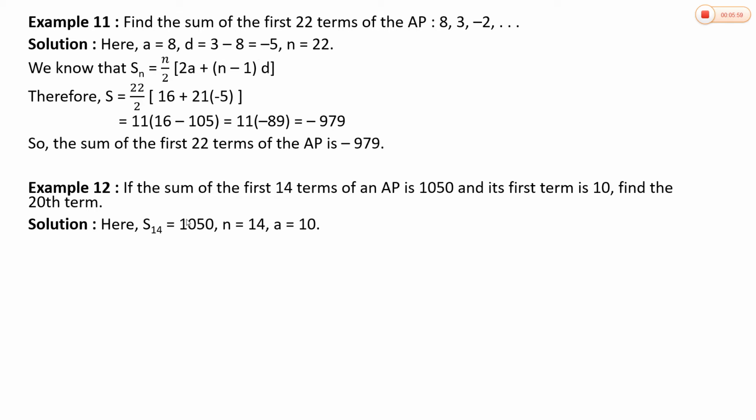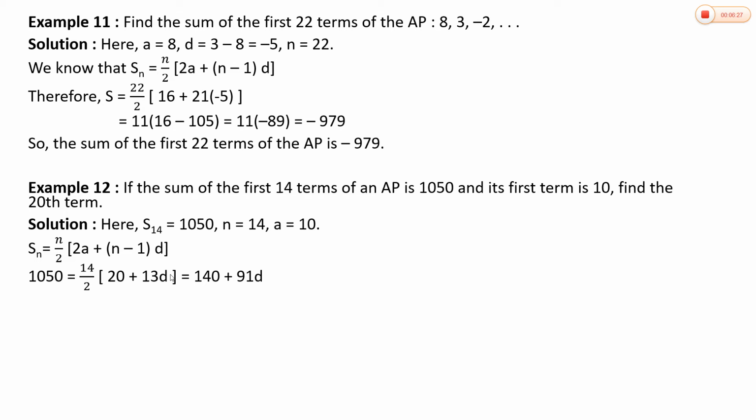Here S14 is 1050, n is 14, a is 10. And you know the formula to find Sn, that is Sn is equal to n by 2 into 2a plus n minus 1 into d. Substitute all the values here. Sn is 1050 and n is 14, so 14 by 2 into 2 into a, a is 10, 2 into 10 is 20, plus 13 into d.